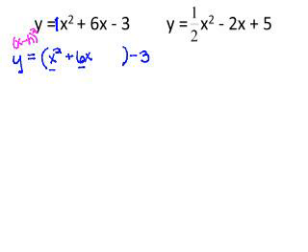Well, in order for that to happen, we take half of the coefficient of the x term, so the 6, and square it. Half of 6 is 3, squared is 9. Now let's take a look at that. I told you that this would be able to factor like this, so we're going to go ahead and factor it.